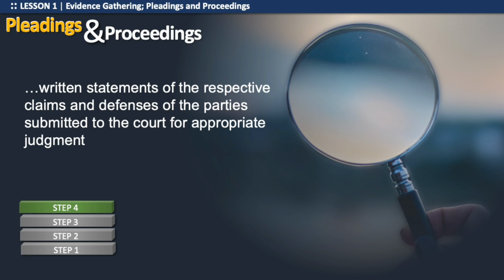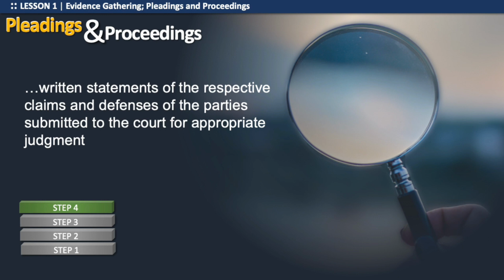So essentially, pleadings are instruments, and they are the instruments that are submitted to the court. Essentially, the complaint, if you think about it, is a form of pleading, except in your case, as an investigator, you're not submitting it to the court; you're submitting it to the prosecutor. So it's not a pleading in the way pleadings are defined in legal proceedings.